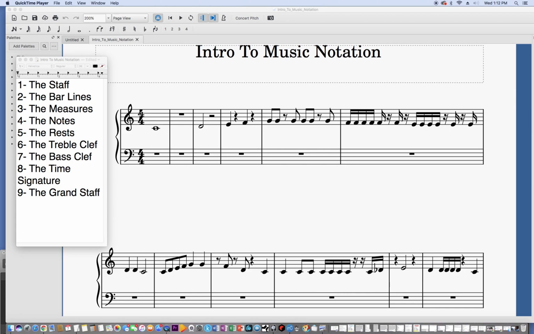According to this time signature, you see number 4 indicating that there are 4 beats in each measure, hence the whole note taking the space, but we'll get back to that. So right now you're looking at notes.